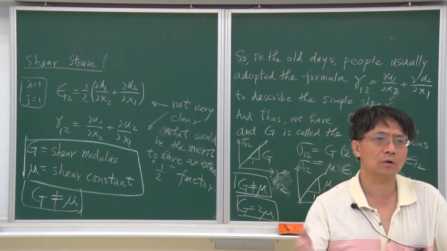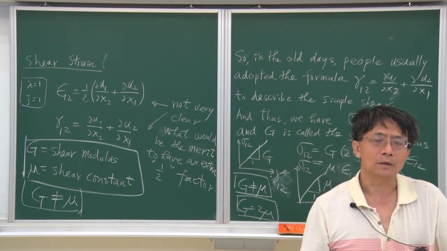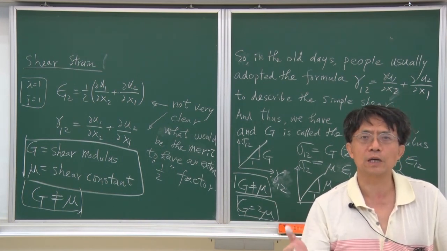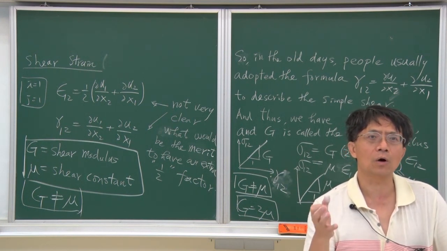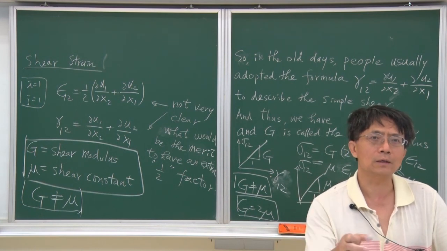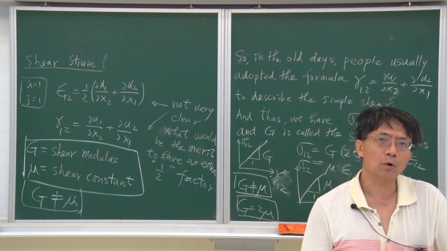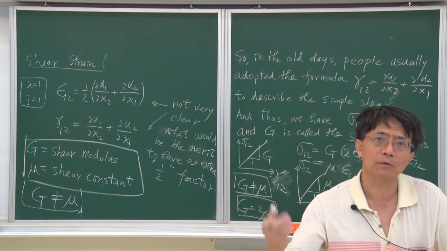of the concrete or steel. And then you find the shear constant of the concrete, and then you put it in the finite element program, and then you can compute the result.